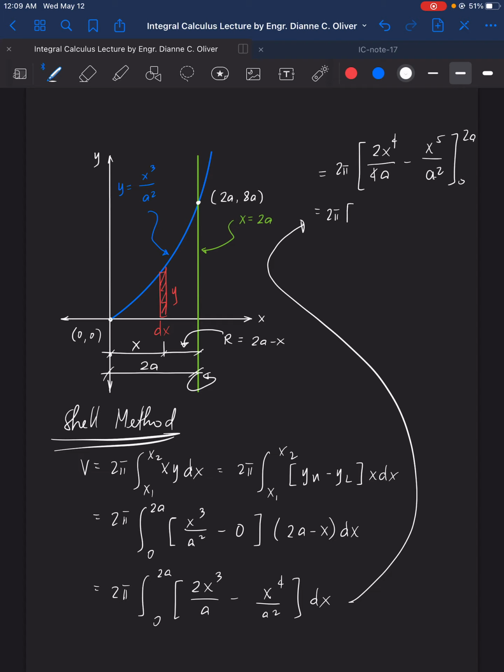This is 2 pi times 2a raised to 4 over 4a minus 2a raised to 5 over a squared, then minus 0. So we will now cancel here 4. So what is 2 raised to 4? 2 times 2, 4 times 2, 8 times 2, 16.